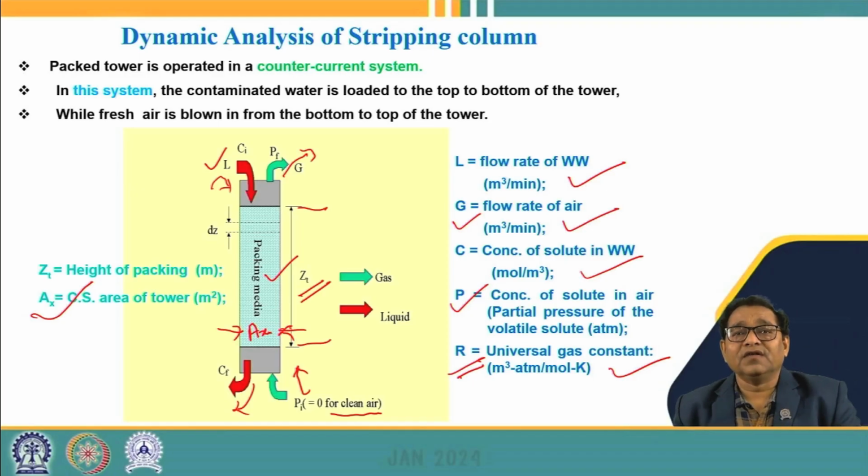So for this dynamic equilibrium of a column, we use various design equations for determination of the height of the column, the height of the packing media, and the cross sectional area. Many more dynamic parameters we can analyze using this dynamic analysis.